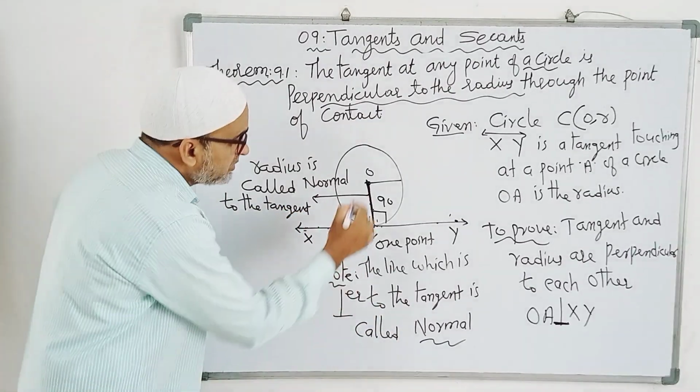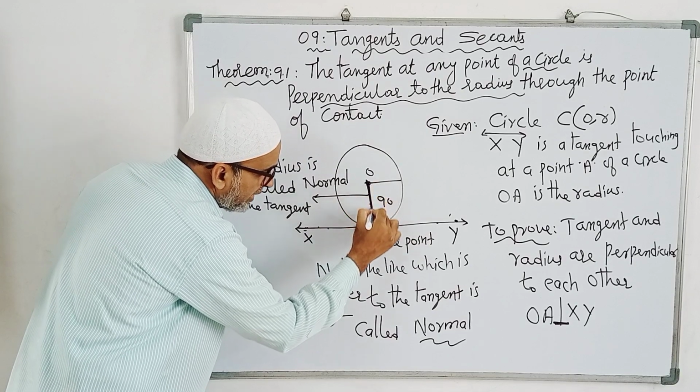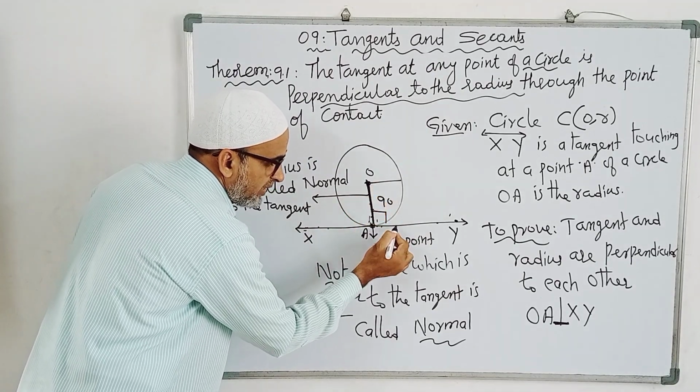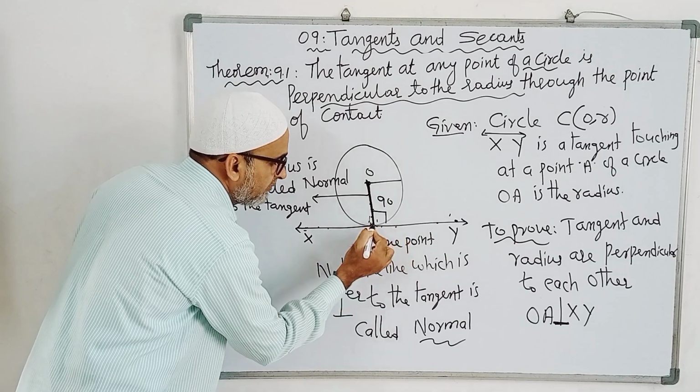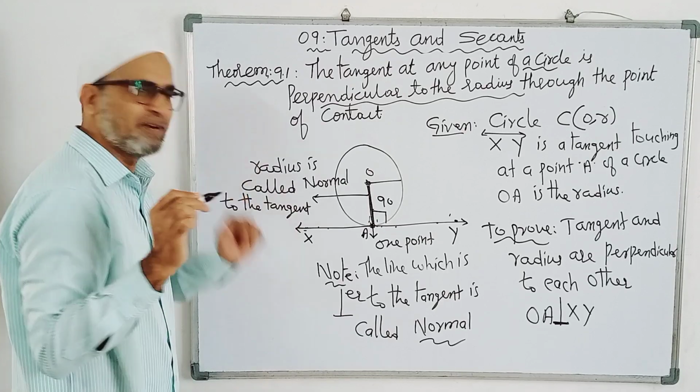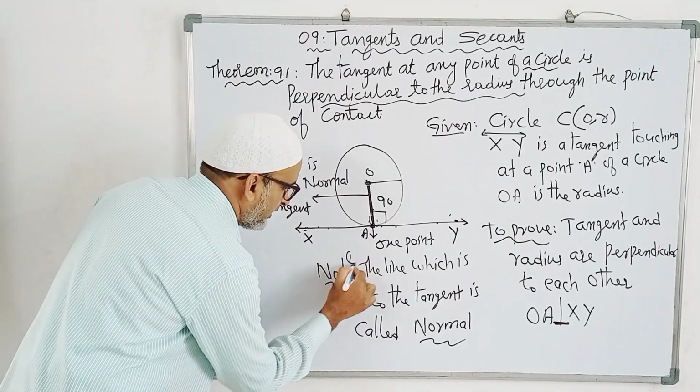Okay. Next, what means this perpendicular line, the line which is perpendicular to the tangent will pass through the center of the circle. That is second point here. This is the first point.